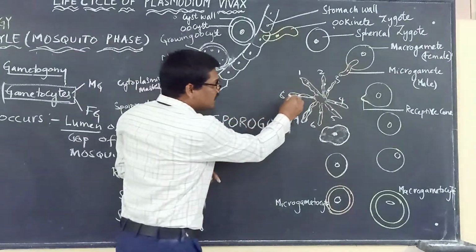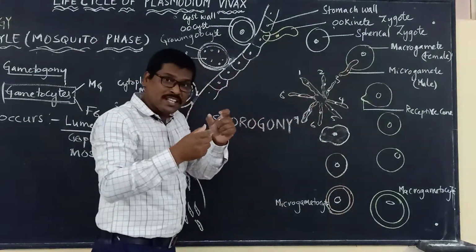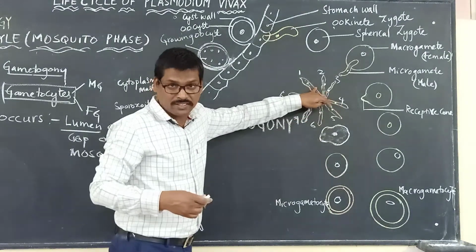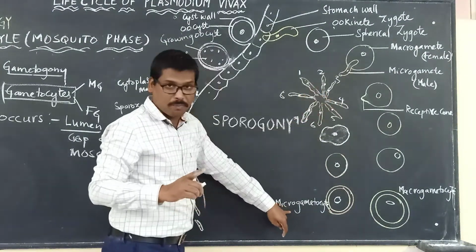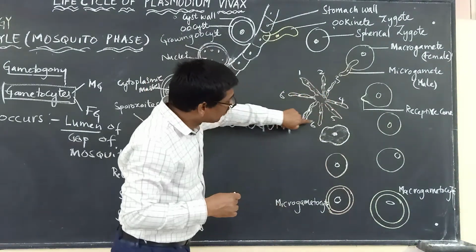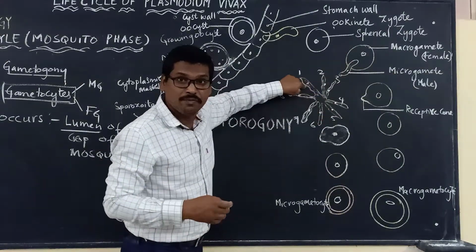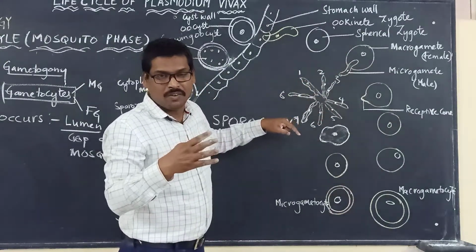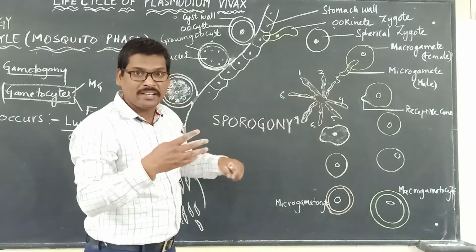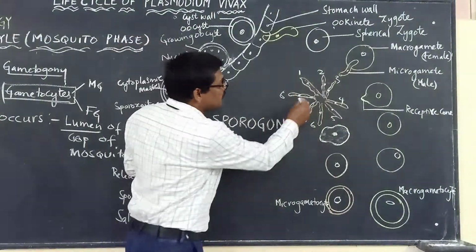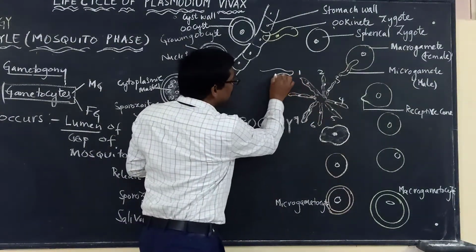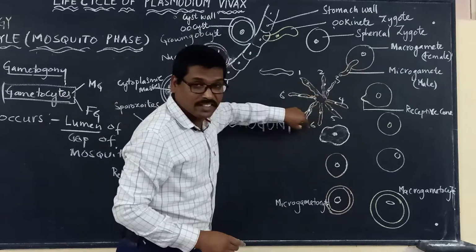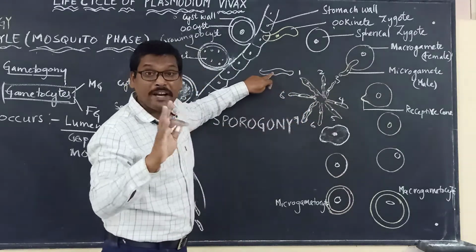Now from one microgametocyte, whip-like or flagella-like structures are formed. These flagellae will show lashing movement and get detached from each other, so all of them are present as independent ones.